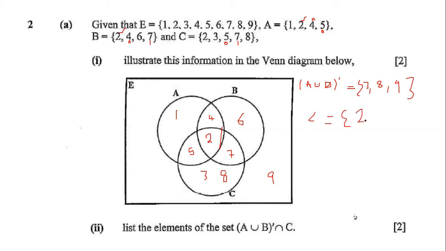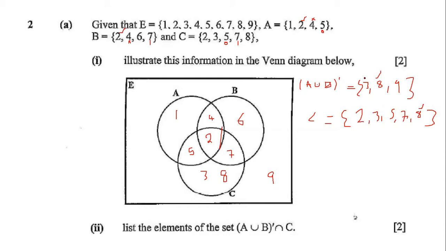Then here they are telling us intersection, meaning numbers that are found both in here and in here. Let's check what numbers we have. We have 8 and we have 8 in here. 7, it's not there. 5 is not there.